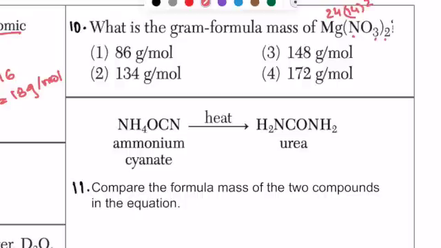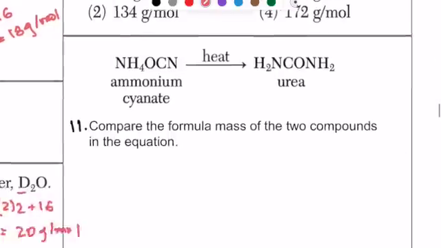And then for oxygen, we have 3 times 2, 6 oxygens. So 1 oxygen has a mass of 16. We multiply that by the 6. So that gives us about 148 as our answer when we add them.